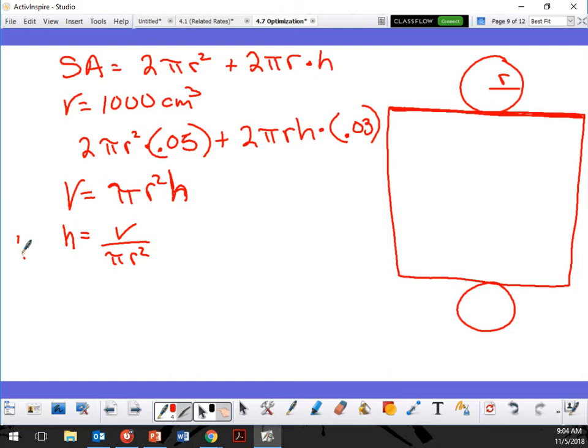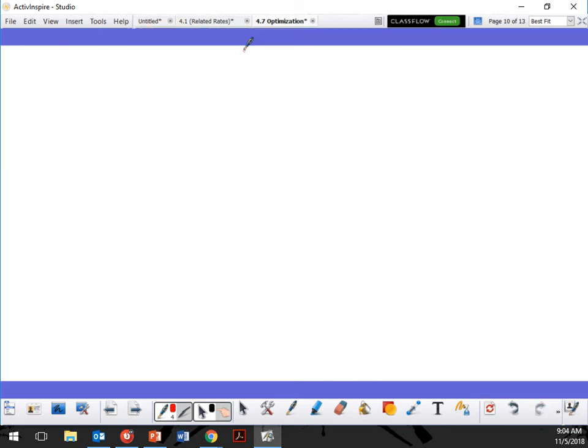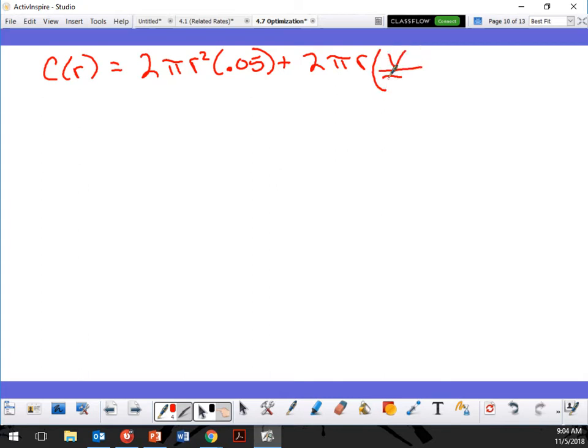So the cost C of r is going to be 2 pi r squared times 0.05 plus 2 pi r, and h is now going to be the volume over pi r squared.